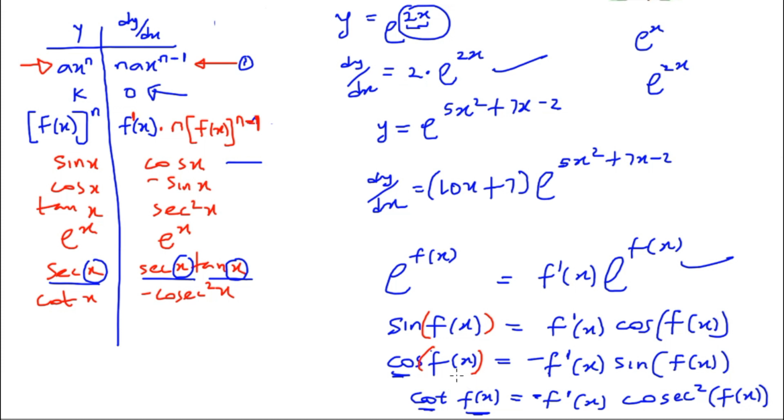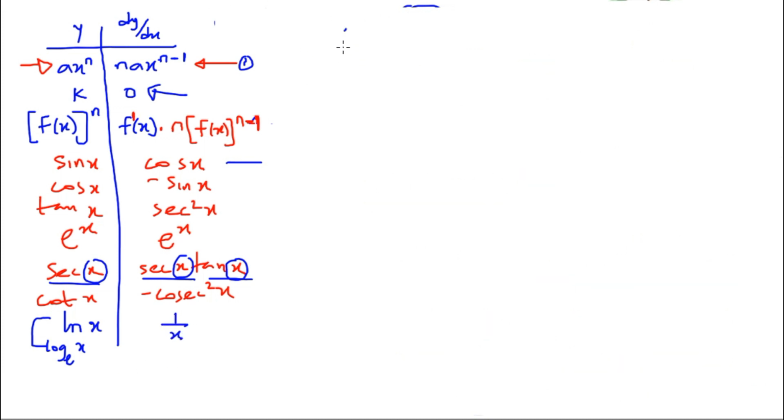Okay, now let's talk about ln, which is also called Napierian logarithm, or log to base e of x. If I differentiate ln, I should have 1 over x. So let's say I have the ln of 2x. Very simple.